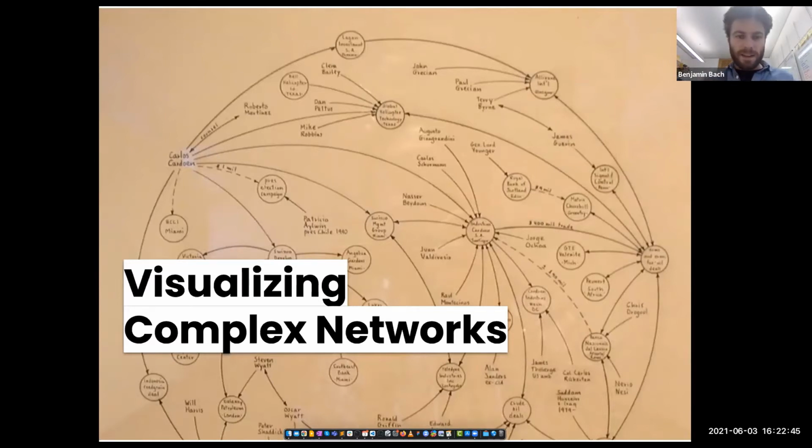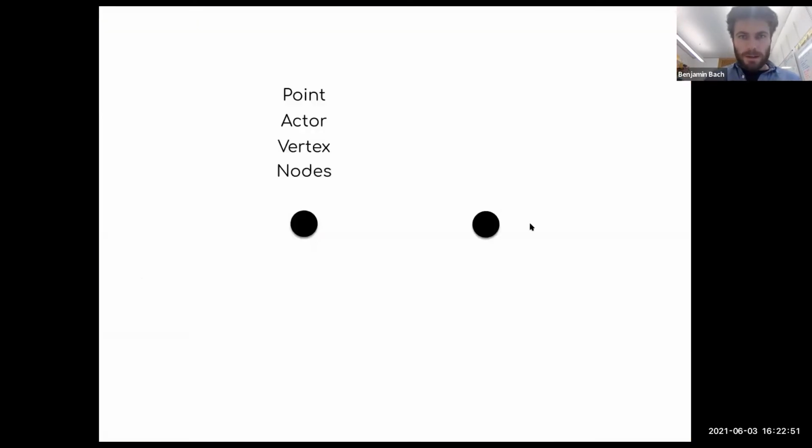Okay, visualizing complex networks. Networks are generally understood as any sort of data structure that has some sort of nodes. Sometimes you can call them points. In mathematics, they call them vertices in graph theory.